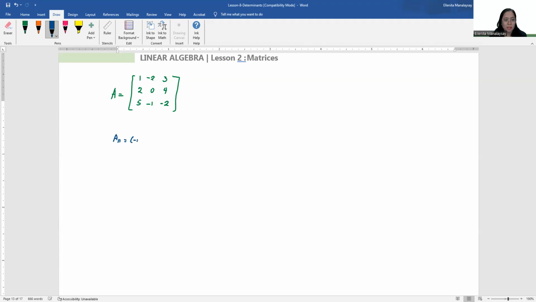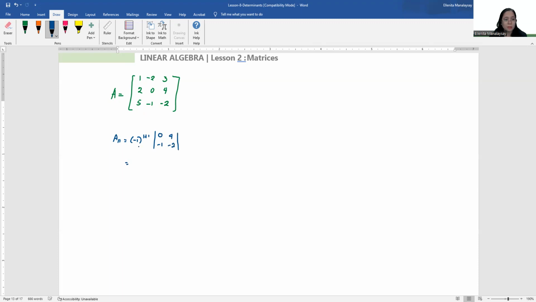A11 is equal to -1 raised to 1 plus 1 times the determinant of a matrix formed by deleting the first row and the first column of matrix A. That's how we get the cofactor. So that is 0, 4, -1, -2.